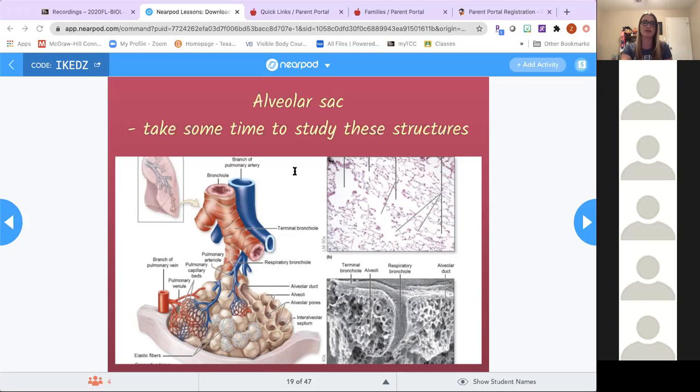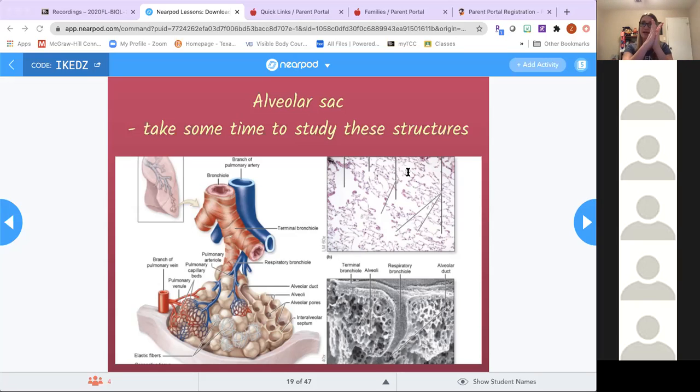The deoxygenated blood is brought into the area where the alveoli are by a branch of your pulmonary artery. This will eventually branch into capillary beds surrounding each alveolus. So each alveolus is surrounded by these capillary beds, and gas exchange will occur where the blood capillary and the wall of the alveolus meet.